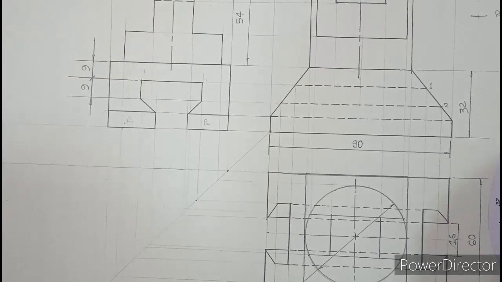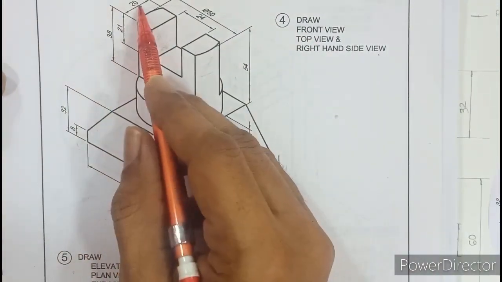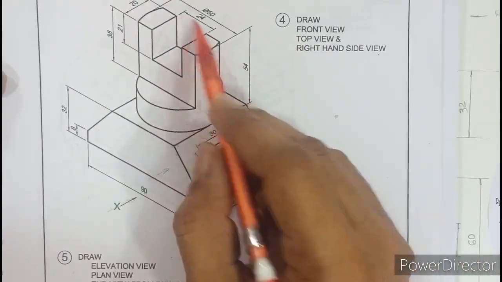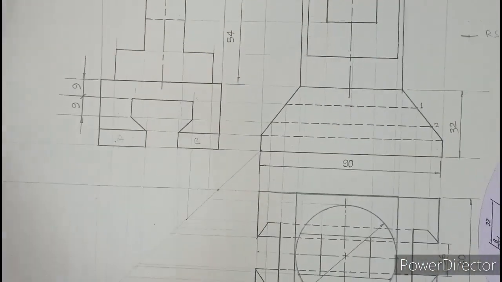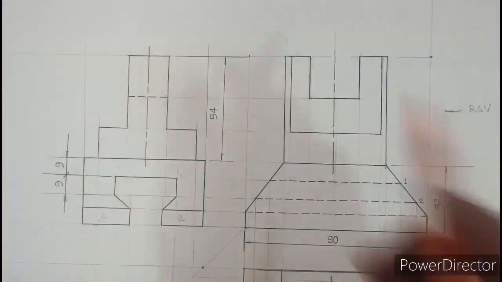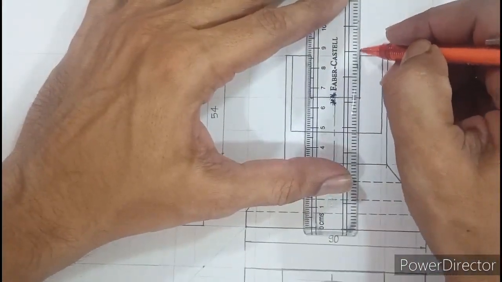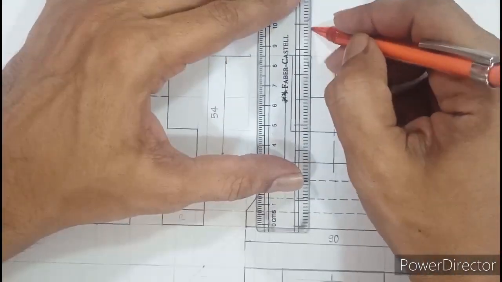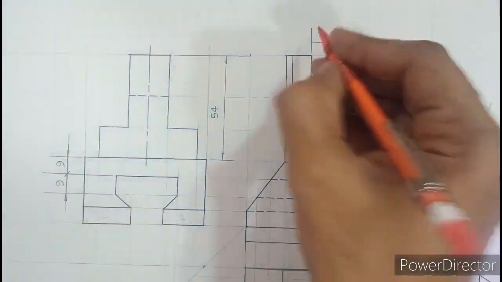So let us hunt for a few more dimensions. After that, 38, 21, 20 is left. 24 can be shown. So let us show 24 in the front view. Here we need to show 24, so we will extend this up. Extension line. And then we'll show a neat dimension line.